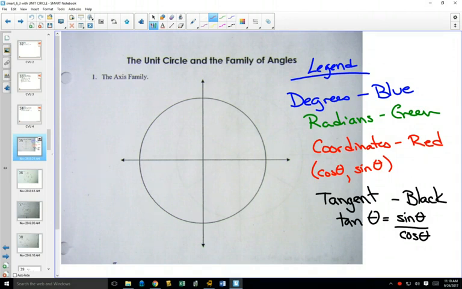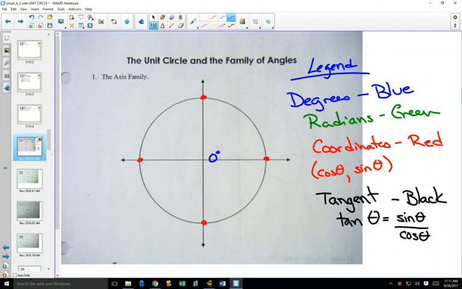The first family we're going to look at is the axes family. The axes family is concerned about the points on the unit circle that intersect with the axes. So there's 4 points on the unit circle that intersect with the axes. If we start with the easiest thing, which is probably degrees, and we think about angles in standard position starting from the positive x-axis, and we just go once around, does it make sense that this would be 0 degrees, your positive x-axis?